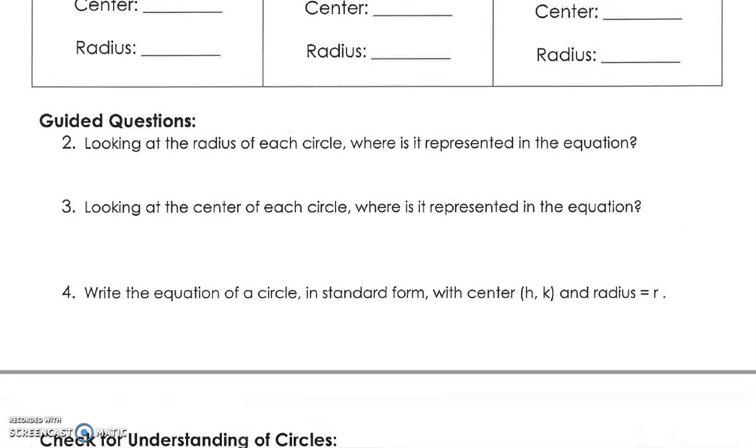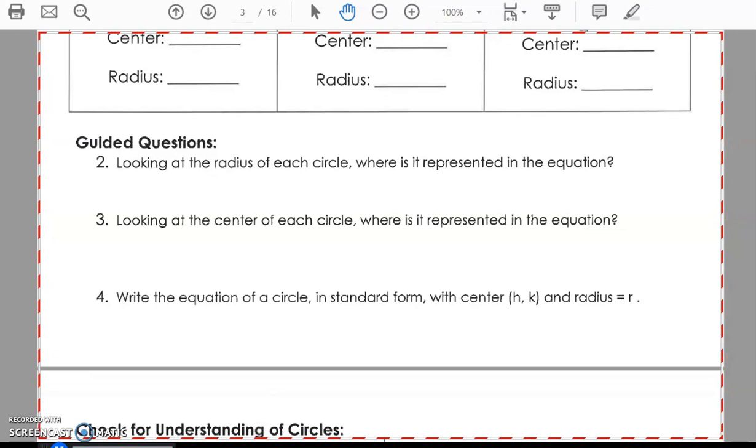Looking at the radius of each circle, where is it represented in the equation? So in general, let's start on number 4 because this is going to relate back to number 2 and 3. In general, the equation is x minus h squared plus y minus k squared equals r squared.